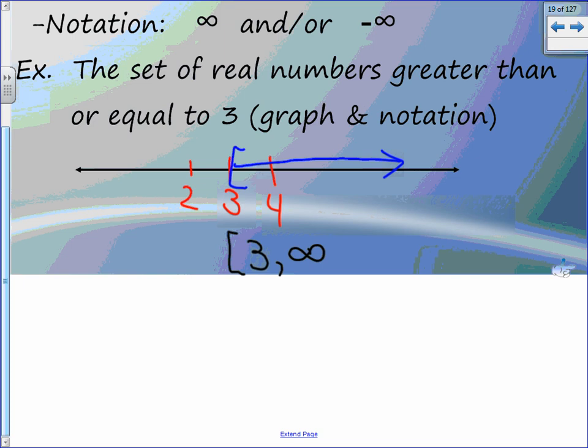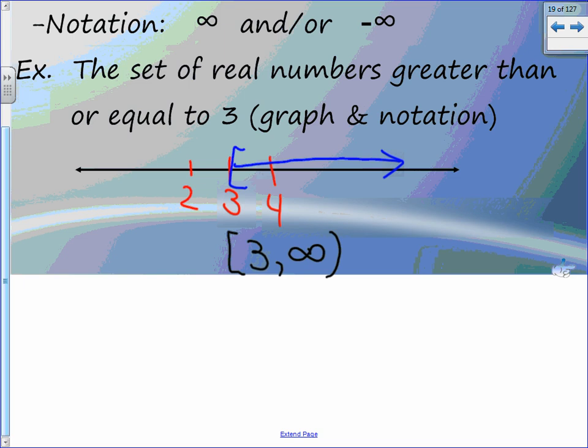No. So next to infinity, you always have a parenthesis because you can never reach infinity. You can never equal infinity. So because infinity is not achievable, next to the infinity, you always have a parenthesis. The way I remember it is that infinity is round right here, so you put the round bracket next to the infinity.